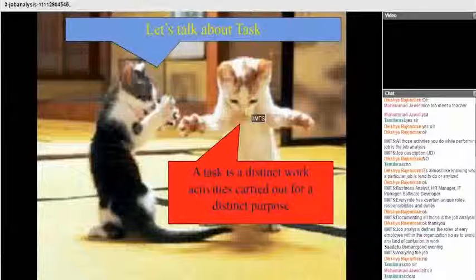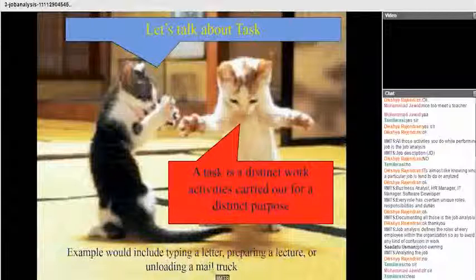That means you are handling three distinct tasks for distinct purposes. One, you have to get the job done from your team members. One, you have to satisfy your boss, and one, you have to be technically competent. So that is all about task.